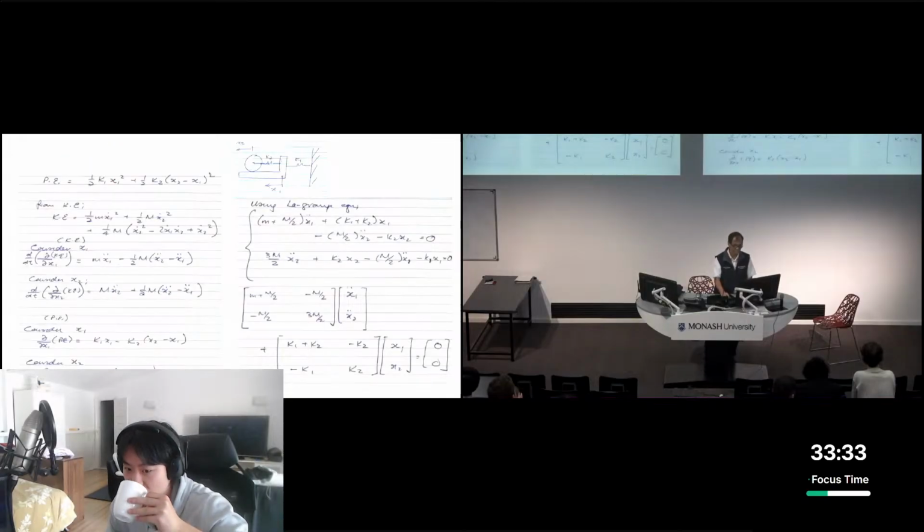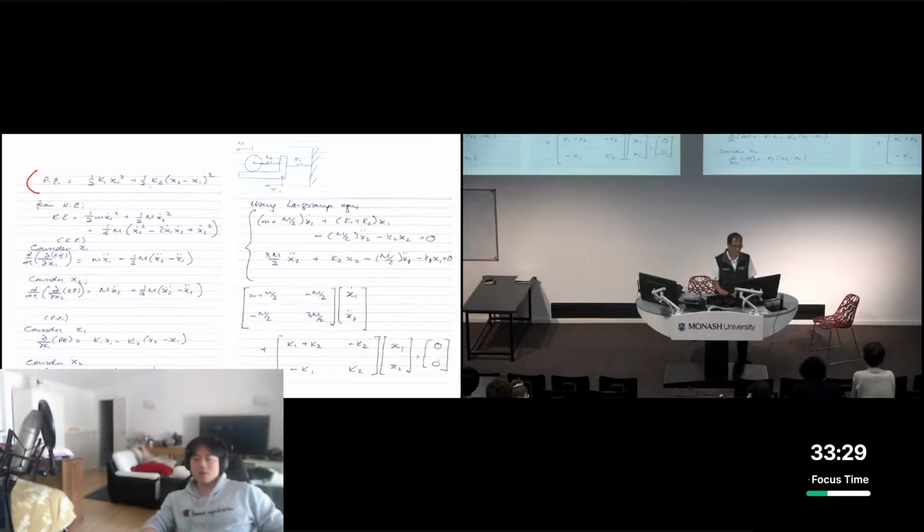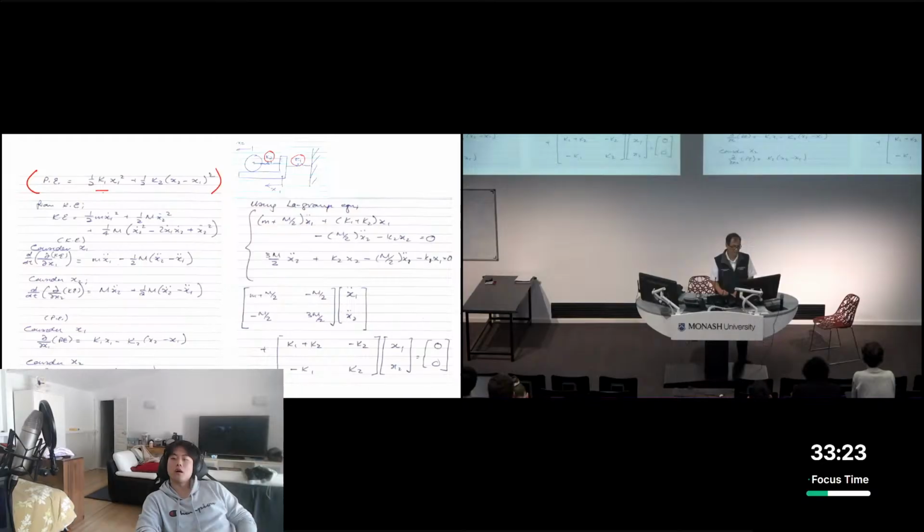All right. So now, when it comes to the potential energy, it will only be carried by our springs K2 and K1, where this is the stretch of the spring K1, and that is the stretch of the spring K2, which is why it's just K2 times (x2 minus x1) whole thing squared. Okay?